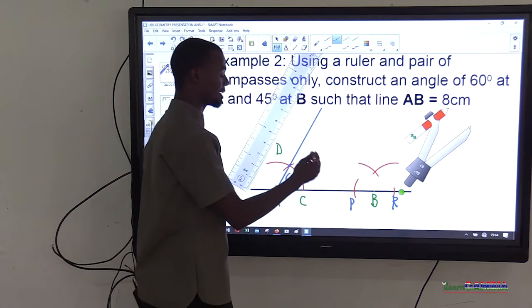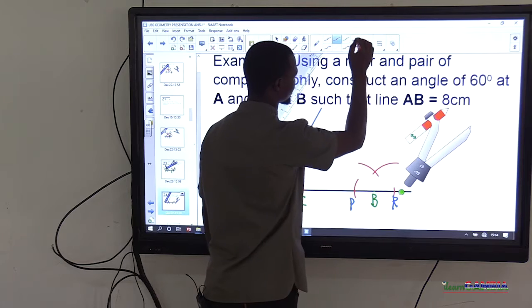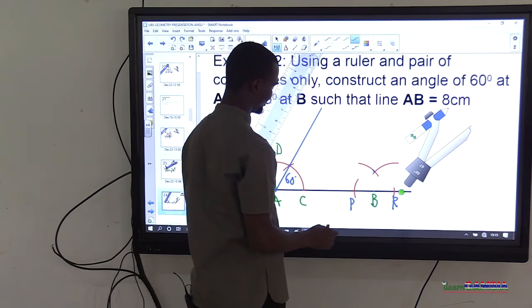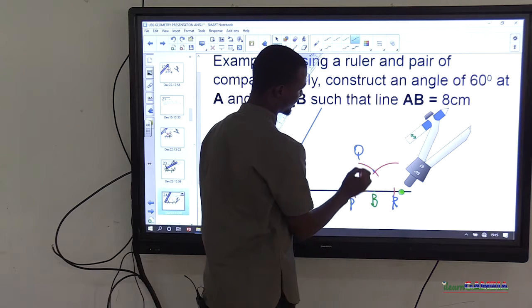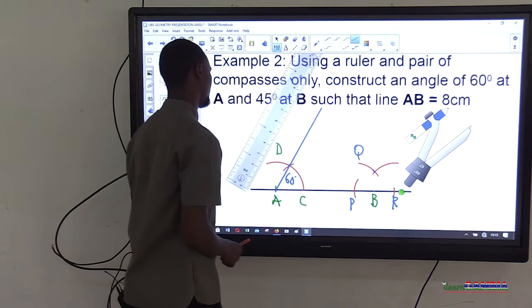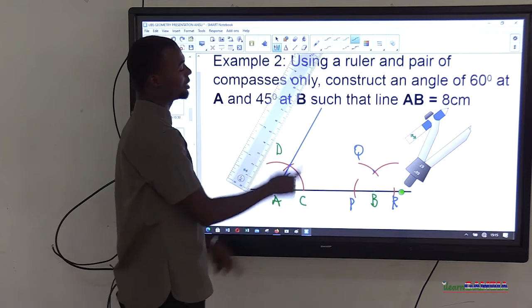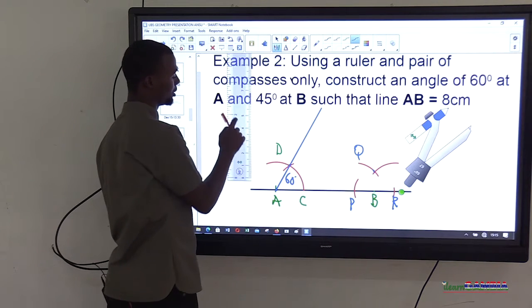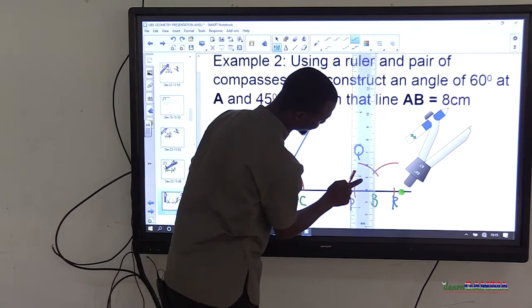So where the two arcs are intersecting, that point I name Q. So we use the ruler to join BQ to have the 90 degrees at B.